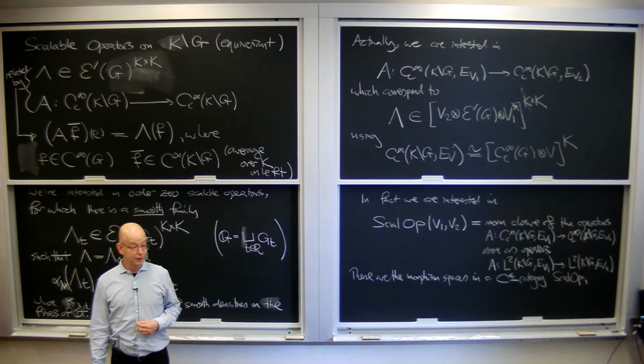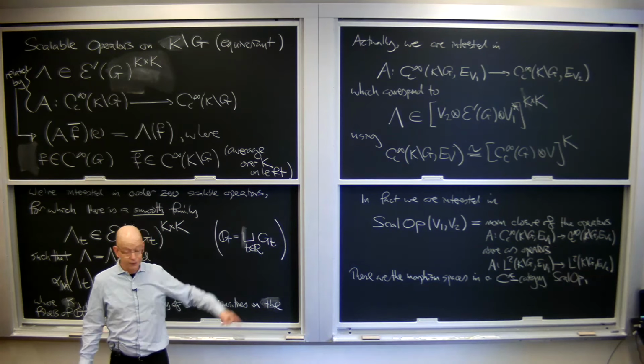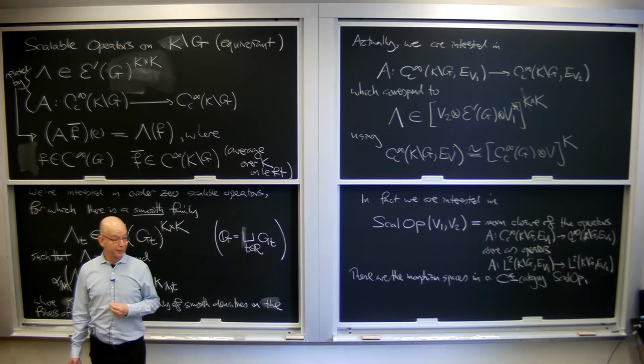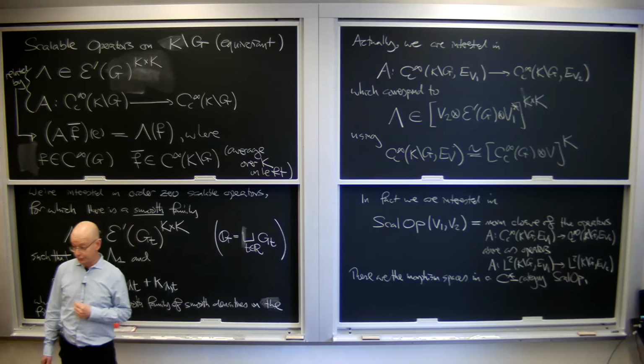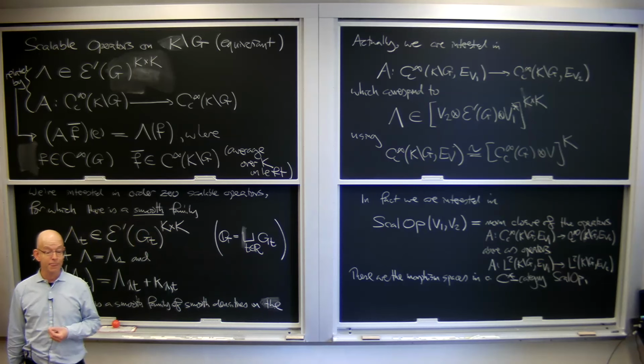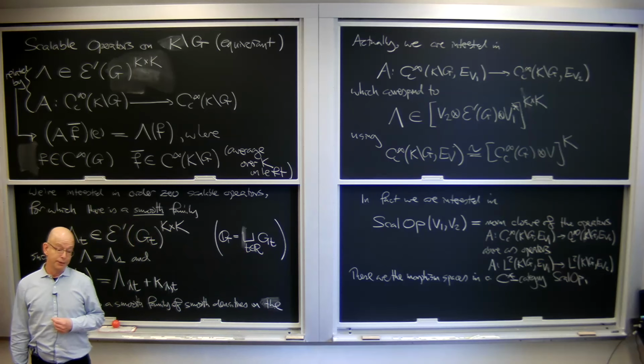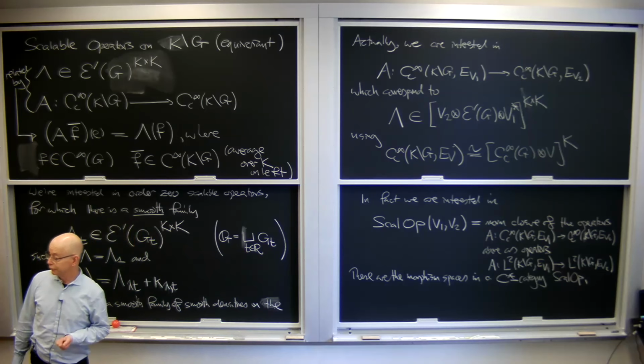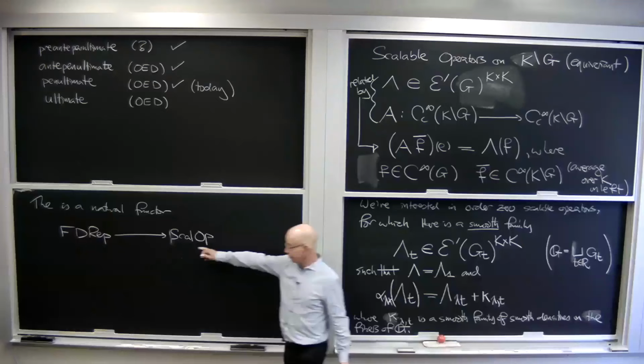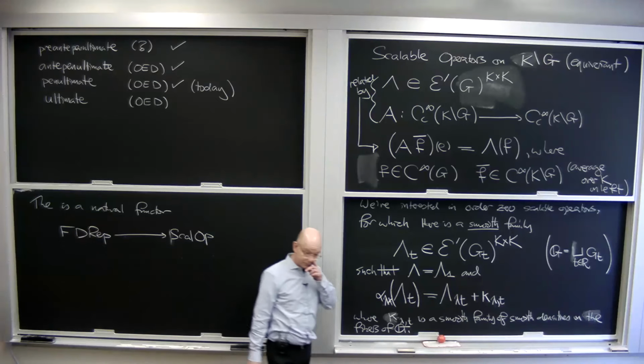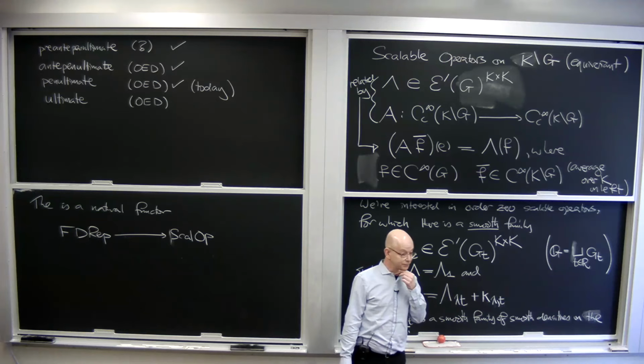So we do the obvious thing to convert an intertwiner of K representations into an intertwiner of vector bundles, and then apply that to sections, and we get an operator like one of these A's. It's never a very complicated operator, is it? It just came from a morphism of finite dimensional vector spaces from V1 to V2. So these are the world's most idiotic order zero scalable operators, but they still have a right to exist, and they are used right here in the definition of this arrow. So that's the natural functor.